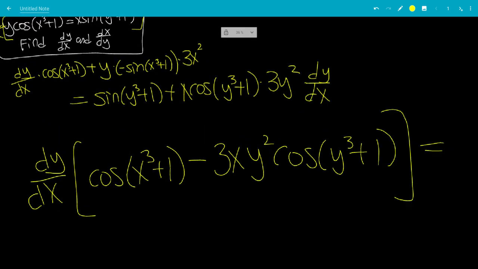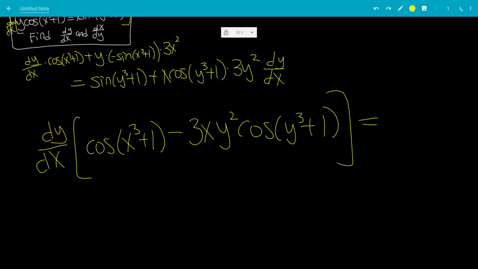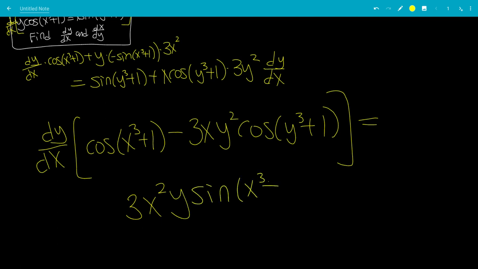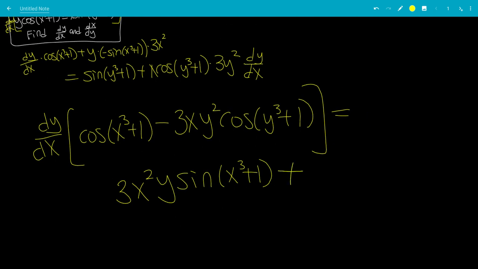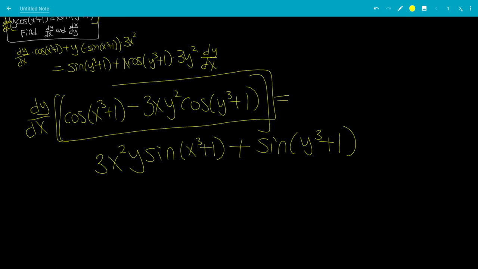And now we're going to move this term to the right-hand side. So this will be minus something, so we're going to make it plus. So this will equal 3x squared y sine of (x cubed plus 1), and then we're going to add it with sine of (y cubed plus 1). And to get dy/dx, you just divide by this term.